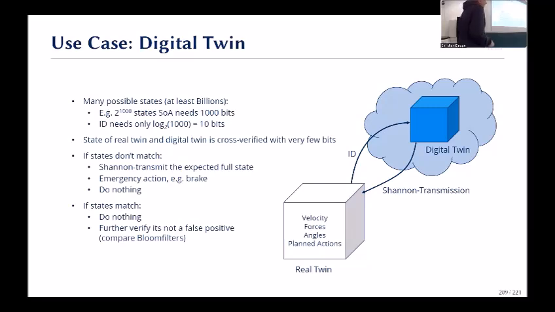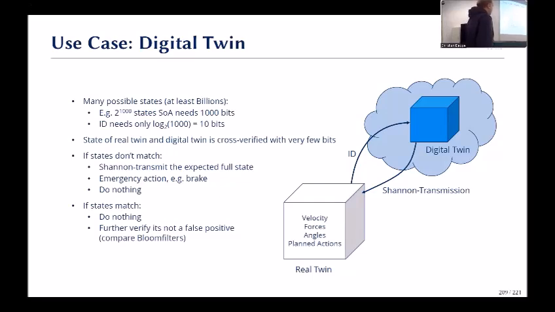If we want to know the exact state at the digital twin, we need 1,000 bits. But if we just want to identify whether the digital twin is in this state, yes or no, then if we use this double exponential code, we need about 10 bits just to check if it's in the correct state, yes or no. So we don't have to communicate these 1,000 bits.